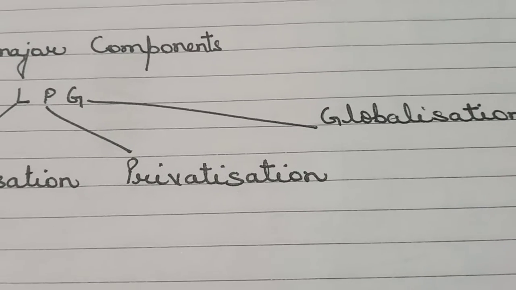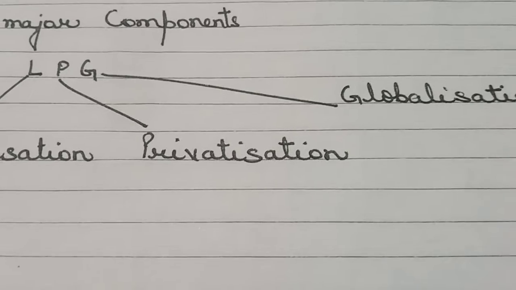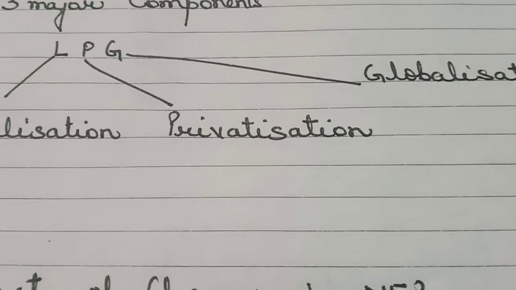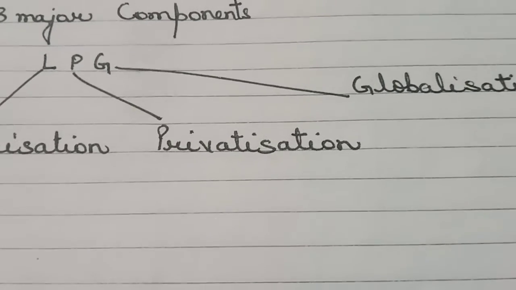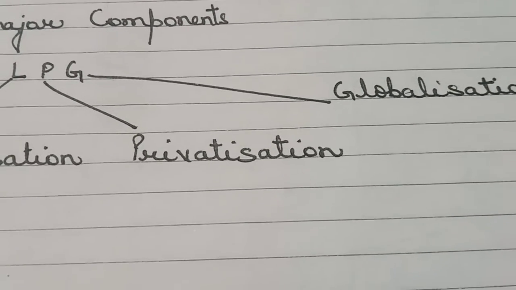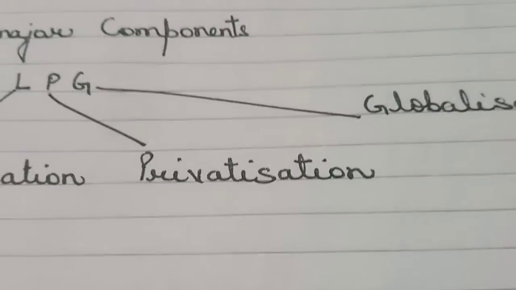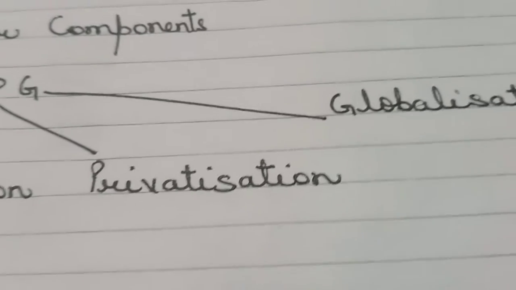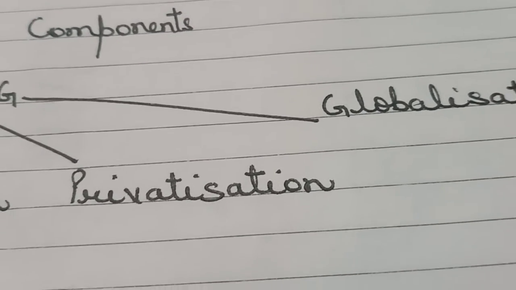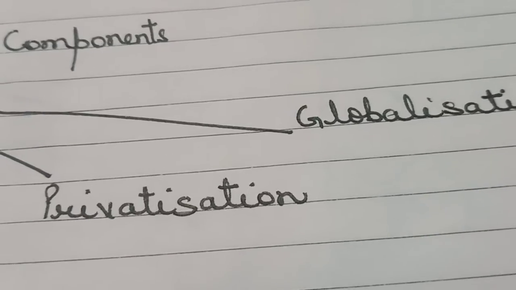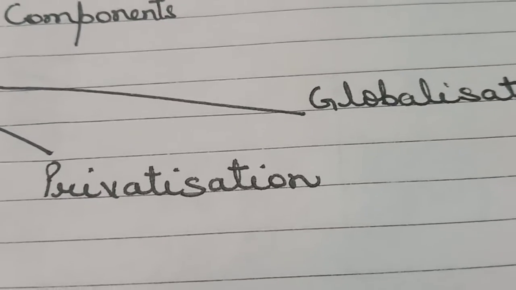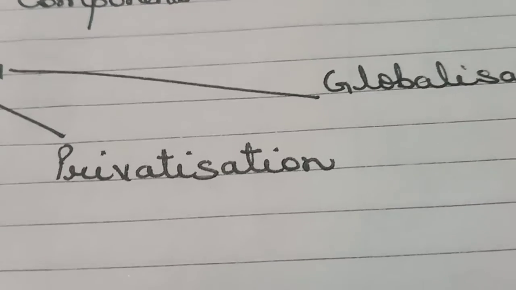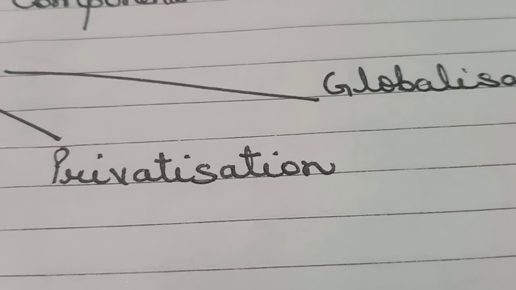Now, children, you need to understand here, when I talk about privatization, we talked about disinvestment, we talked about the setting up of BIFR, but you need to understand the third point here in privatization, that there were chances of dilution of stake of the government, which means that in case of privatization, if the private sector acquired more than 51% shares, then it would result in transfer of complete ownership and management to the private sector.